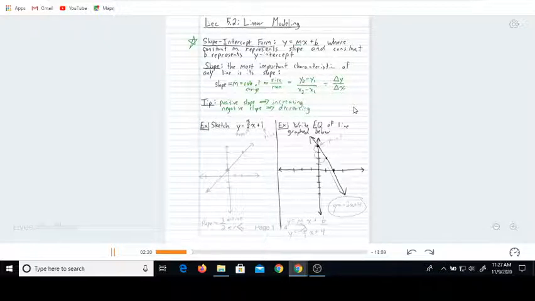Let's go ahead and sketch this. So let me draw a quick Cartesian plane. Alright, that will do. So you just want to keep in mind this right here is y-intercept. This value here is the slope. So the y-intercept is where it crosses the y-axis.